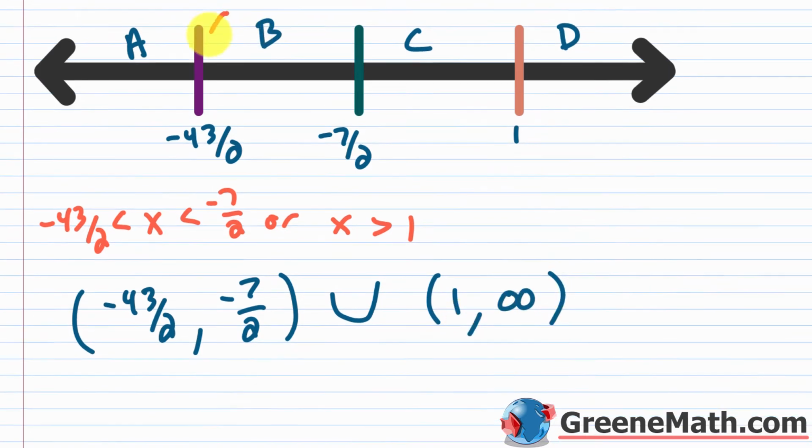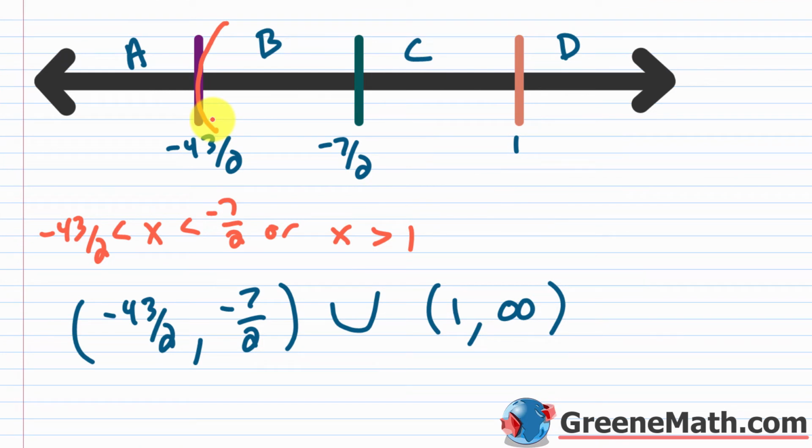So graphically, let's put a parenthesis here, or again, you can use an open circle, and then a parenthesis here, and then I'm just going to shade everything in between, and then I'll put a parenthesis here, and then shade everything to the right. So basically, x can be anything that's greater than -43 over 2, which is -21.5, going up to and excluding -7/2, which is -3.5, and then, or it could be any number that's greater than 1.